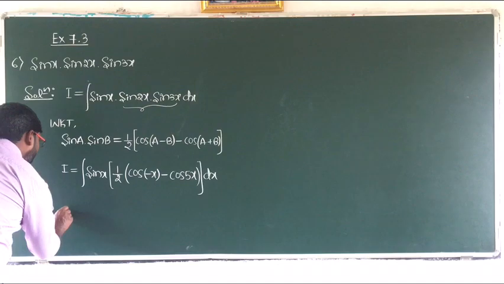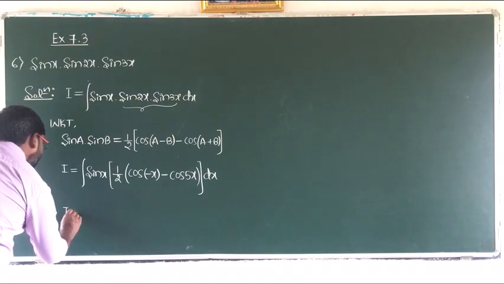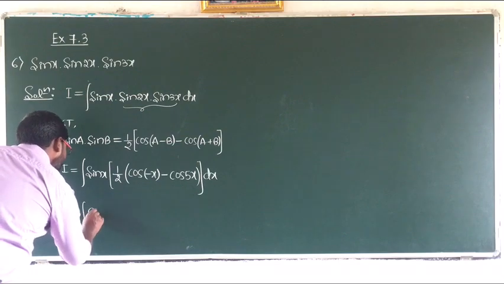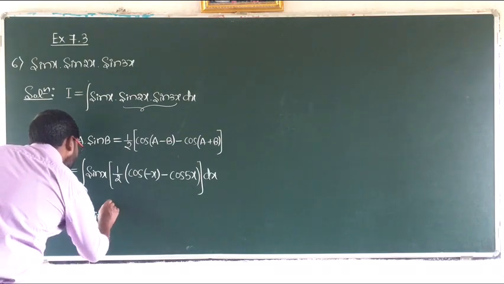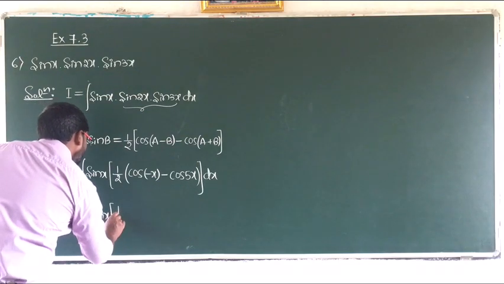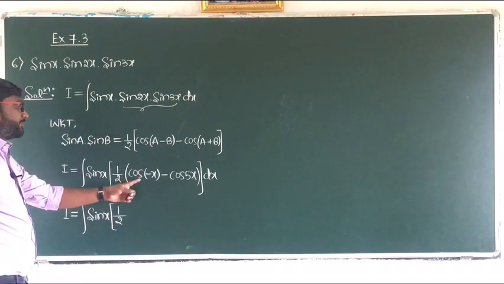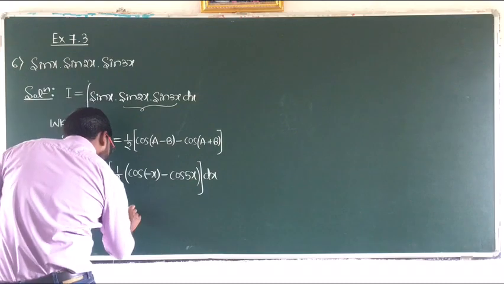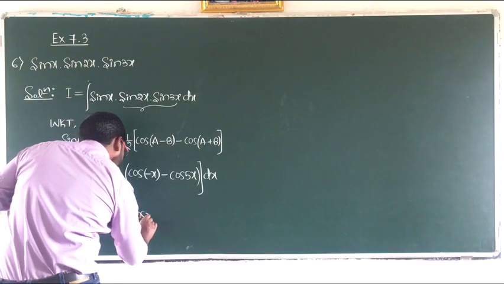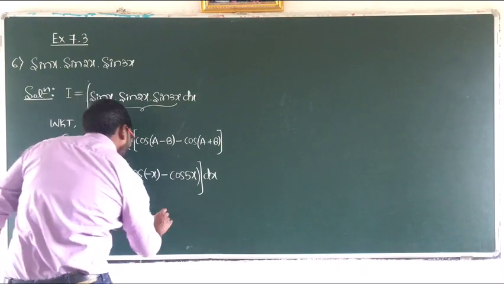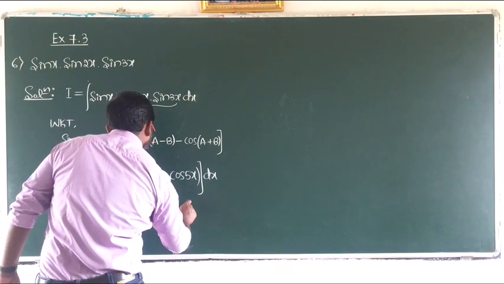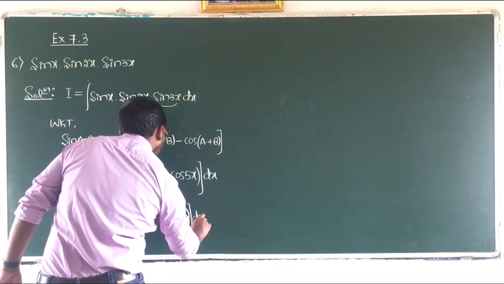So now I, which is equals to integral, write sin x as it is, sin x into the bracket 1 by 2 cos of minus x will be plus x. So we get cos x, then minus cos 5x, close the main bracket, dx.